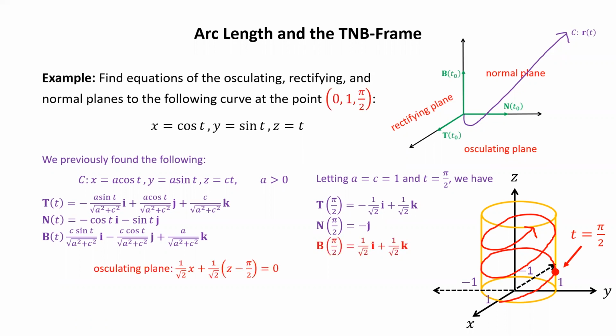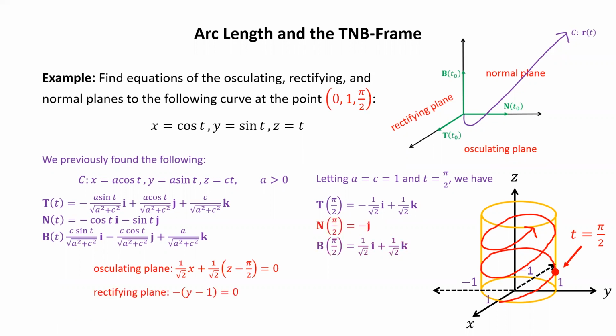For the osculating plane, we're going to use the vector B to get 1 over root 2 times x minus 0, plus 0 times y minus 1, plus 1 over root 2 times z minus pi over 2 equals 0. And that simplifies to 1 over root 2 x plus 1 over root 2 z minus pi over 2 equals 0.